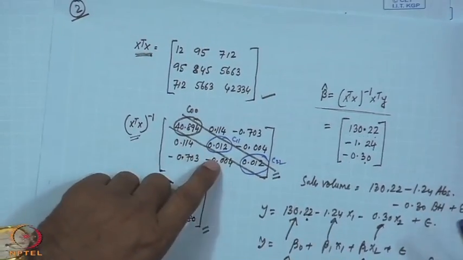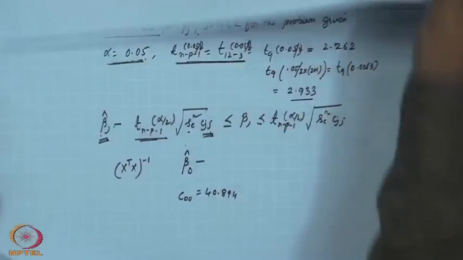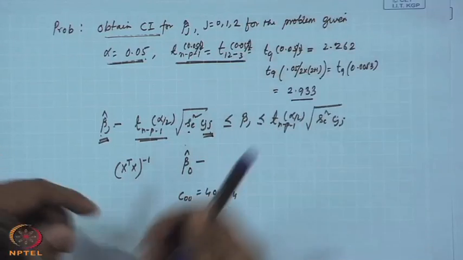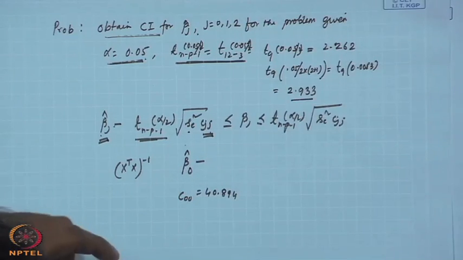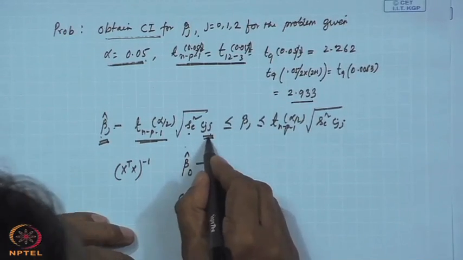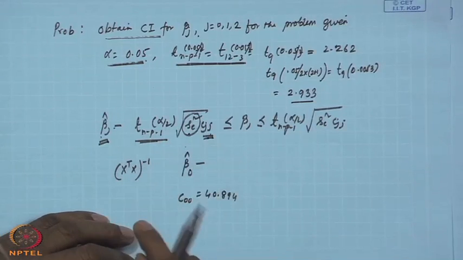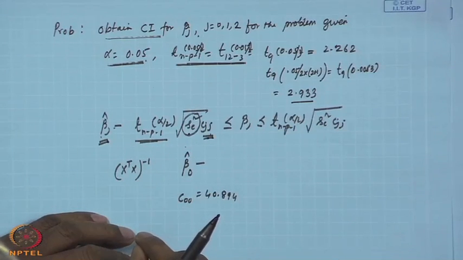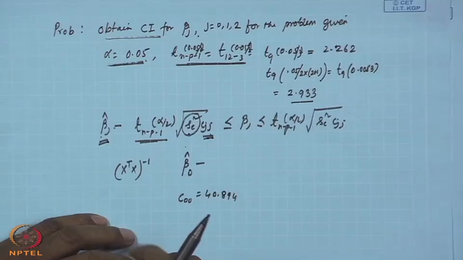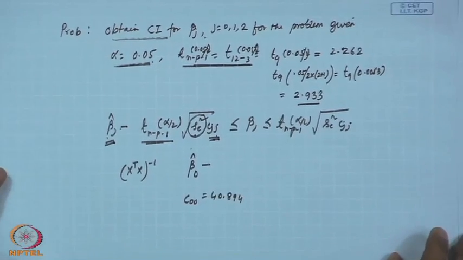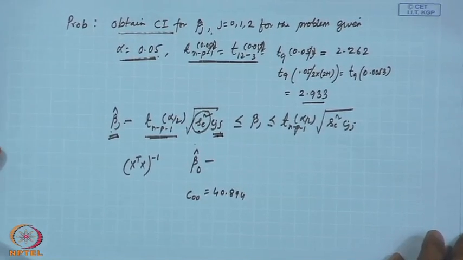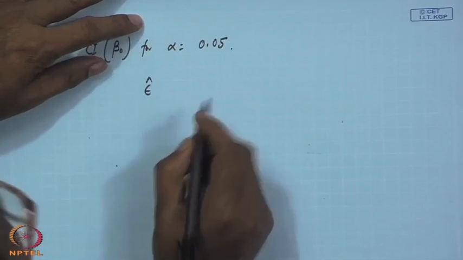So, you will take these values from this matrix, but you also require to know s square. You know this value, fine, but what will be the s square value? Correct. So, s square, you have to find the error; that error you require to find out. For this you require to find epsilon cap.